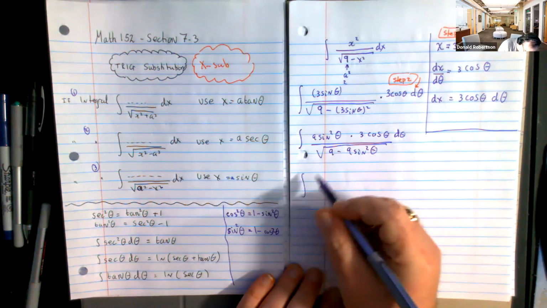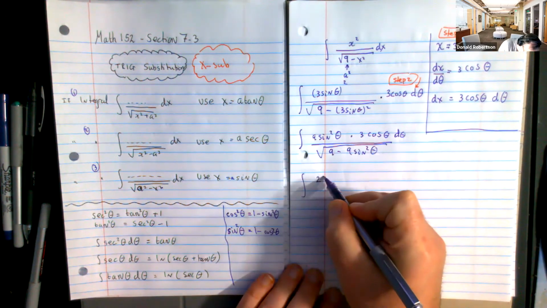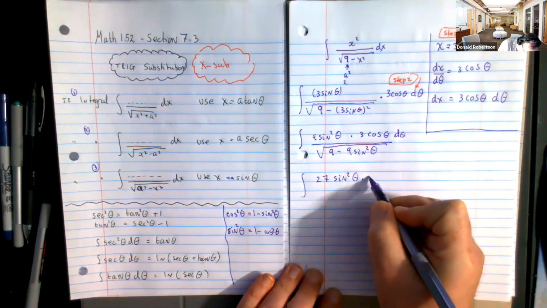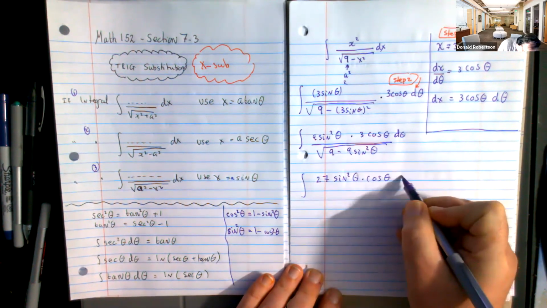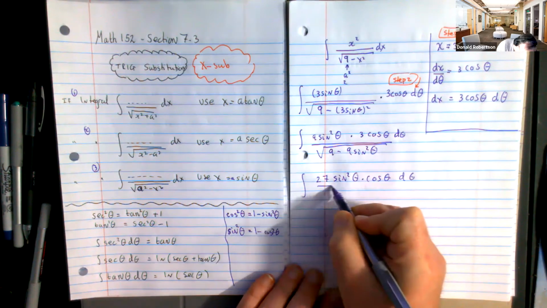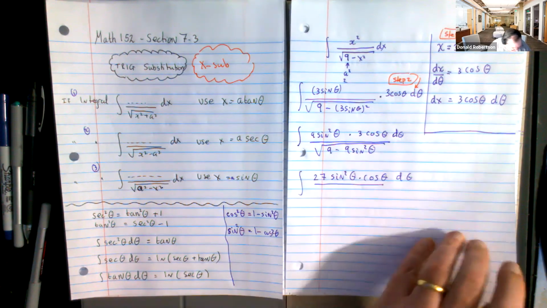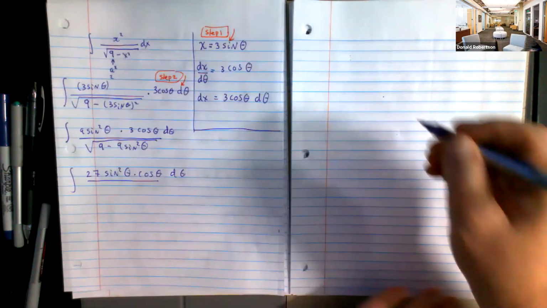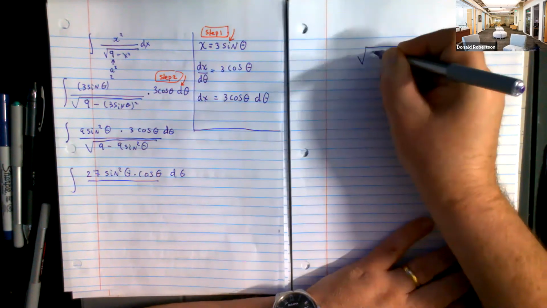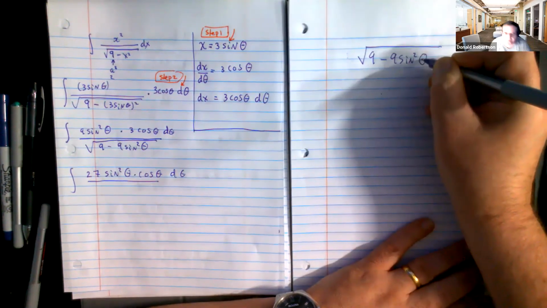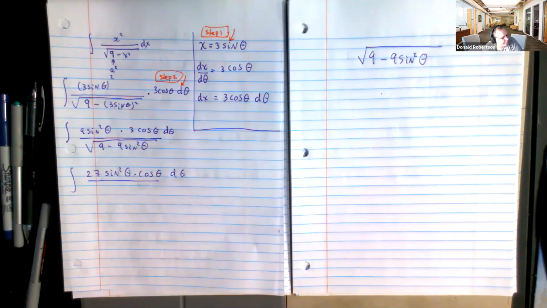So on the top, the 9 and the 3 is going to get me 27. I've got a sine squared theta, I have a cosine theta, I have a d theta. Has anybody got any inkling about how I'm going to make this nicer so that the square root goes away?